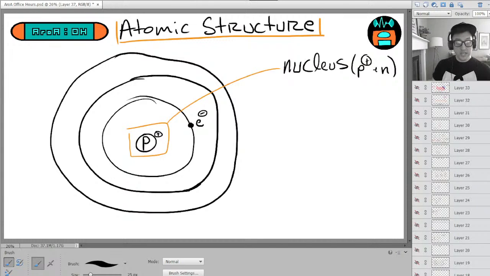Now, the one detail that I'm adding, you're like, what are these different circles? These are orbits. The first one I'm labeling as n equals 1, followed by n equals 2, followed by n equals 3. These are what are known as electron orbits.